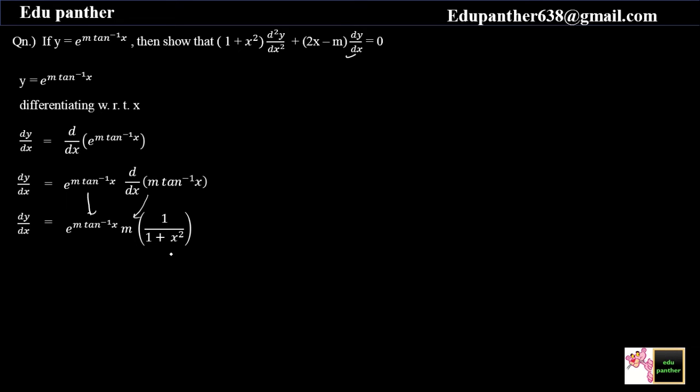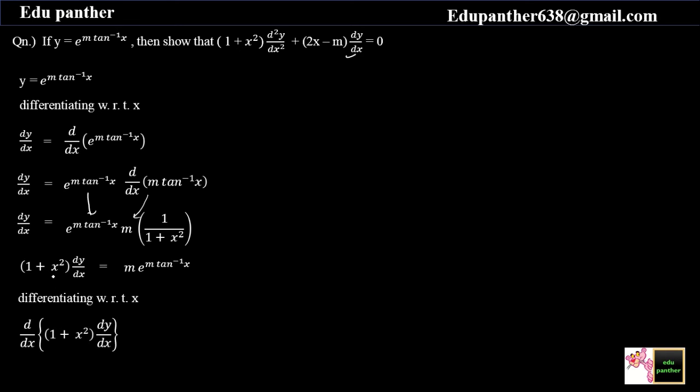To get rid of the u over v formula, we can shift this 1 plus x square to the left hand side. So after shifting we'll get 1 plus x square into dy by dx is equal to m into e raised to m tan inverse of x. This simplifies our process of differentiation. So now we have the first order derivative, and again we have to differentiate it with respect to x.